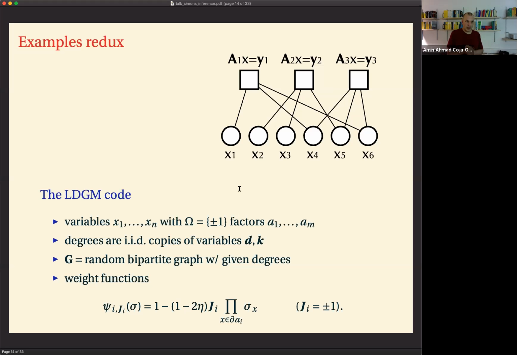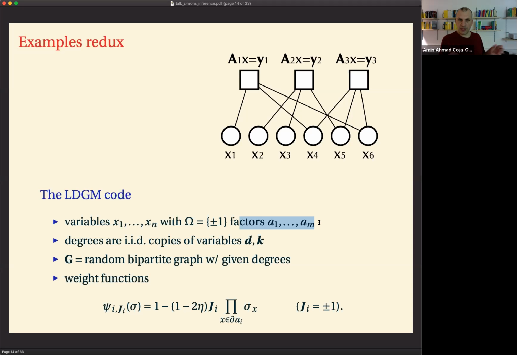The LDGM code you can also get from this construction, it's a no-brainer basically. What you do is you take your n variables, it's convenient to encode the Boolean or the bit 0, 1 by plus minus ones. And you have these factor nodes that correspond to the parity checks of your error correcting code. In coding theory in particular, it's normally a good idea to be a bit diligent about the choices of the degrees.